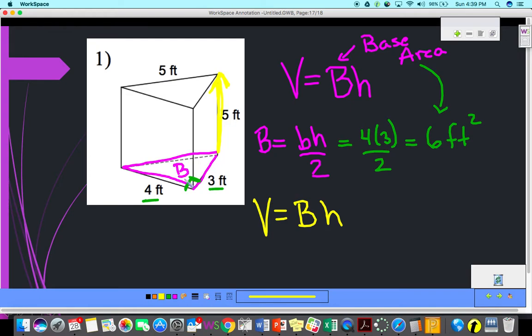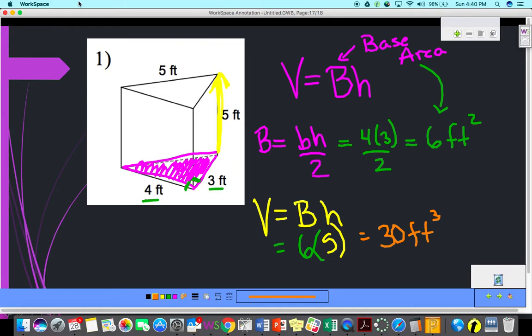It means the other dimension of your shape besides your base. So basically I'm going to take my base area, which I know now is 6, and I'm going to stack it to fill up this height. So my base area was 6, so I'm going to substitute that in. My height was 5. 6 times 5 gives me a volume of 30 feet cubed. It's volume now, that's why it's cubed. Base area was squared.